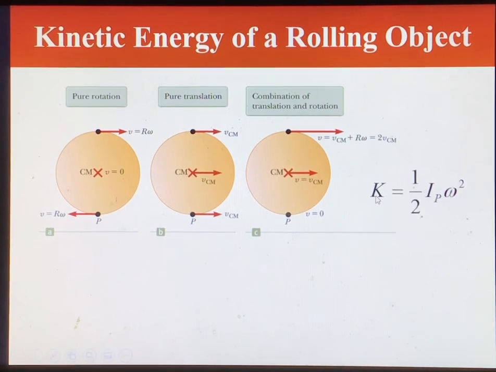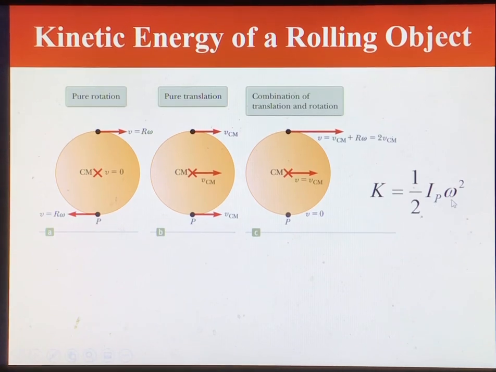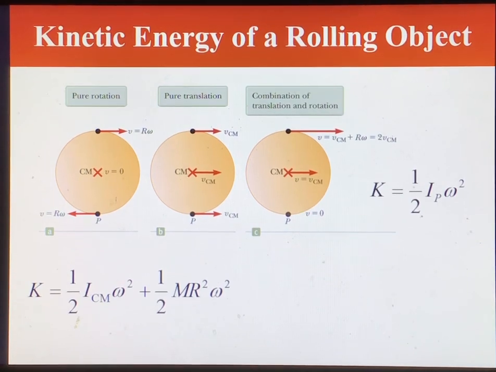We can write the kinetic energy as 1/2 times the moment of inertia times omega squared. The total kinetic energy of the system has two components: the kinetic energy from the rotational motion and the kinetic energy from the translational motion. We can combine those two together and write the kinetic energy using this equation.